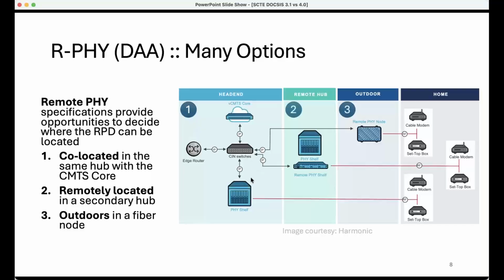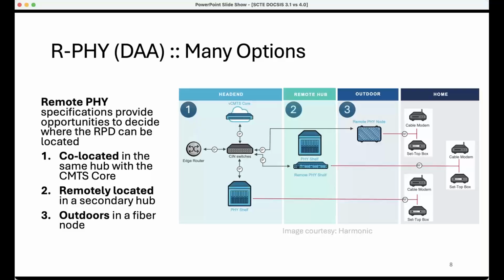So we're taking what would normally be all the RF connectors that live in the CMTS in the head end or a hub, and we can put them in the RF shelf, or we can put them in a remote PHY node, aka fiber node. Now it's kind of a digital fiber node, because the RF goes in and the RF goes out there. We moved that from the head end all the way out into the fiber node.